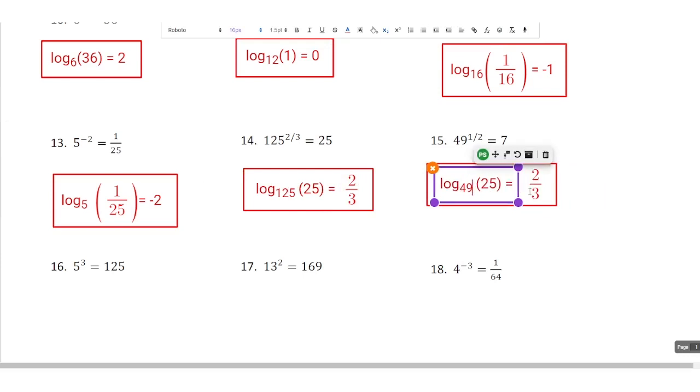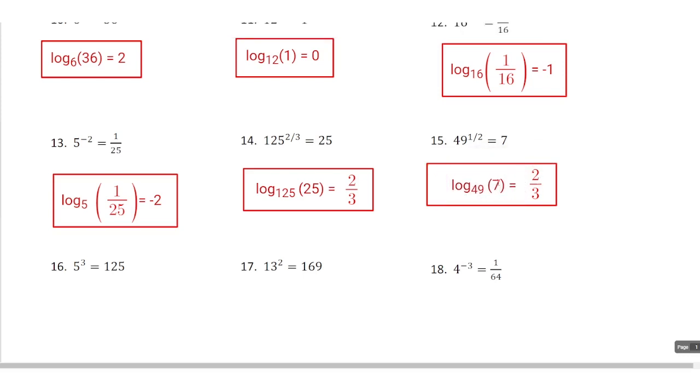The power is 7. And so the square root of 49 is 7. And so that's why we have log base 49 of 7 equals 1/2. Okay, when you raise something to the 1/2 power, that is equivalent to taking the square root of it.